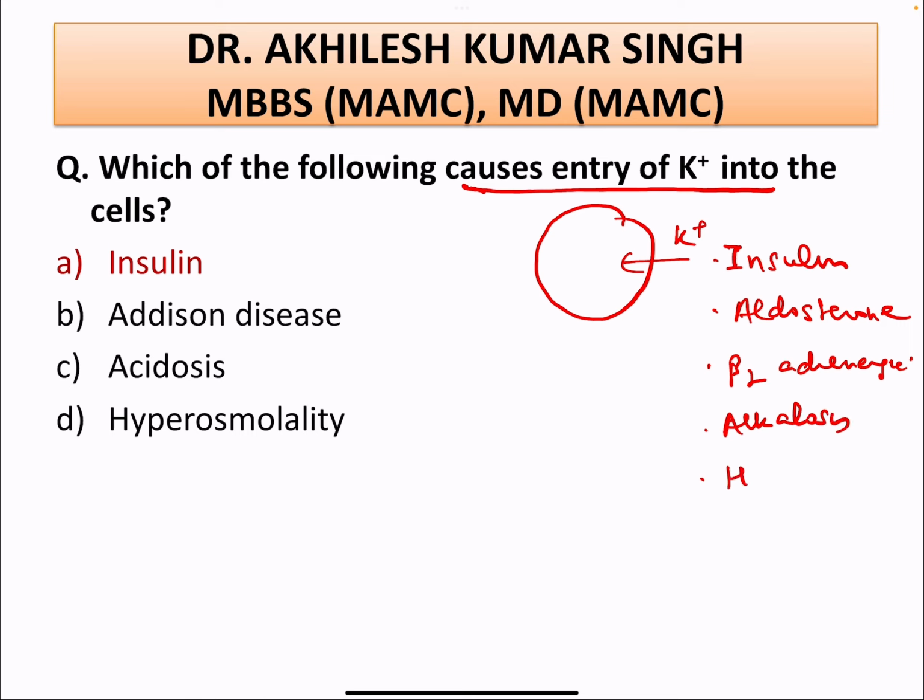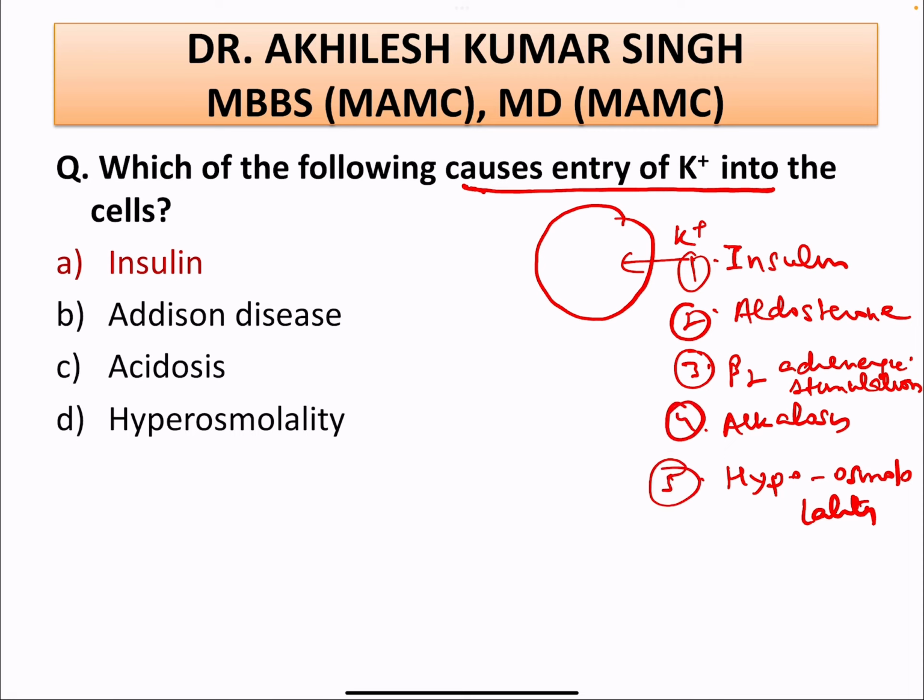Then hypoosmolality. So insulin, aldosterone, beta adrenergic stimulation. The fourth one is alkalosis, and the fifth one is hypoosmolality. So all these factors will shift the potassium into the cell.